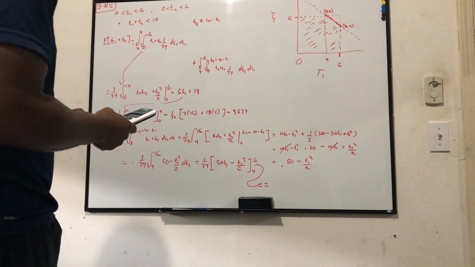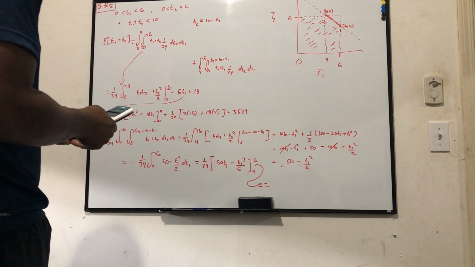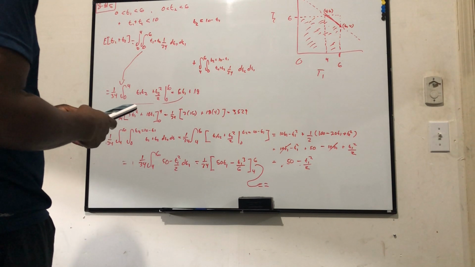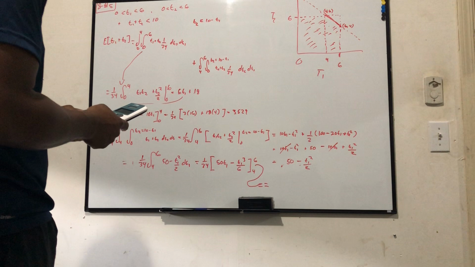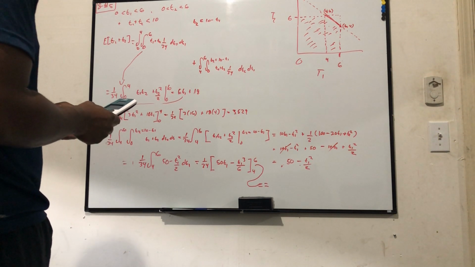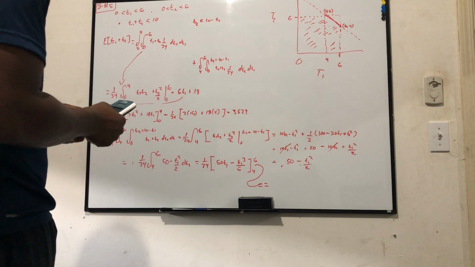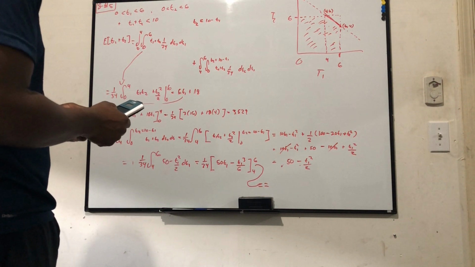So 50 times 6 minus 6 cubed divided by 6 is a number, and then 50 times 4 minus 4 cubed over 6. Okay.